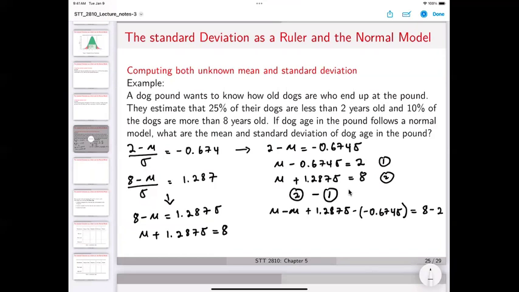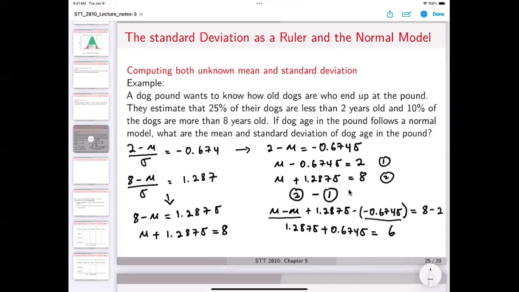So I said equation 2 minus equation 1, mu minus mu gives you 0. Remember this is negative here already, that is why it's written this way. This minus this becomes plus. So this gives us 1.287 sigma plus 0.674 sigma equals 8 minus 2, which gives us 6.